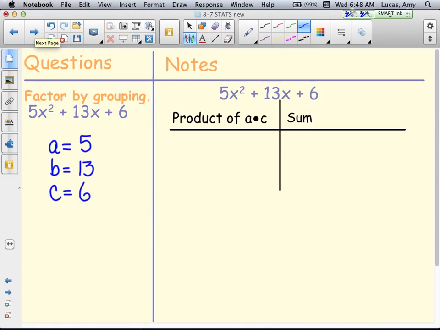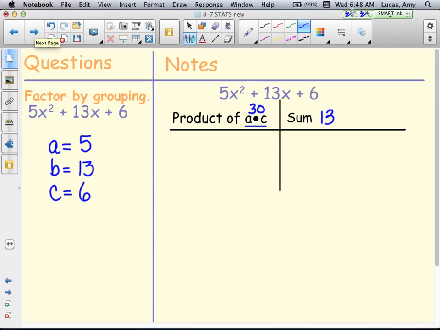And c is 6. So we're looking for a product of a times c. A times c, or 5 times 6, is 30. So we're looking for a product of 30. And we're looking for a sum of b, so a sum of 13.